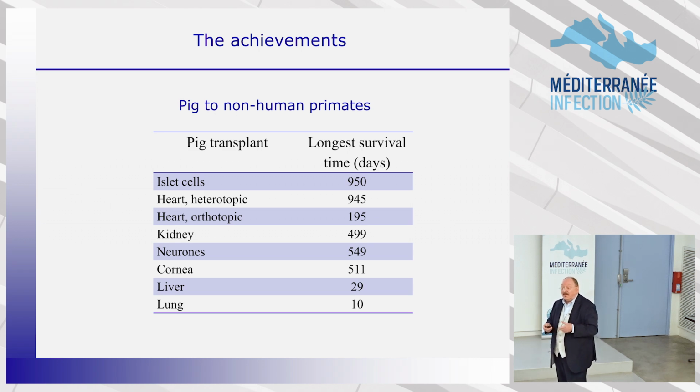This is an enormous success because the first allotransplantation by Christiaan Barnard in 1967 lived 18 days, and the first allotransplantation in Germany only 27 hours. So 2 months is a success, and unfortunately the colleagues in the United States in Baltimore transmitted a porcine virus, PCMV, to the patient, and this certainly contributed to the early death.